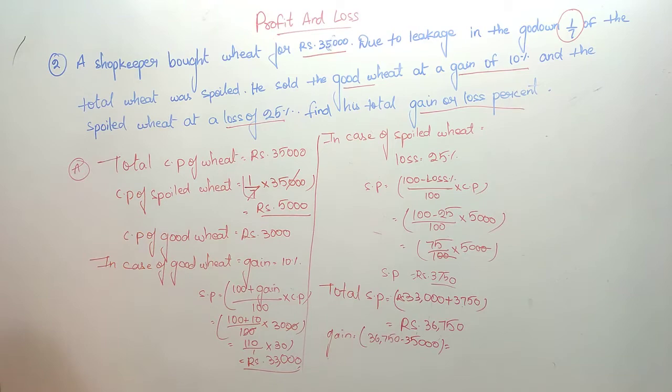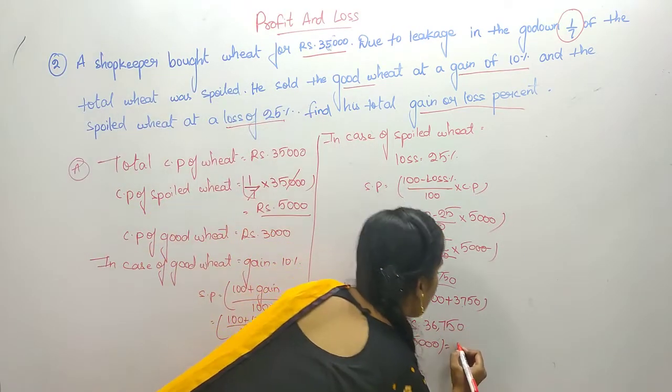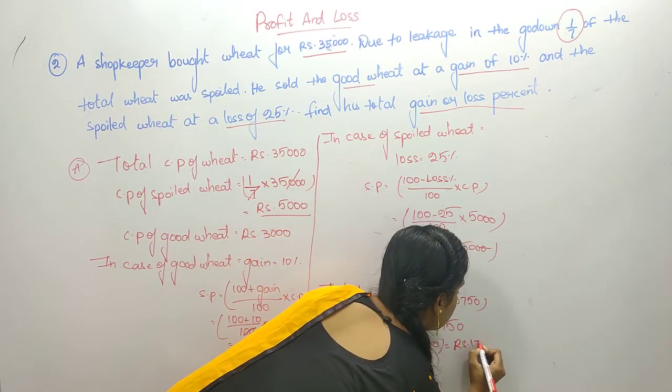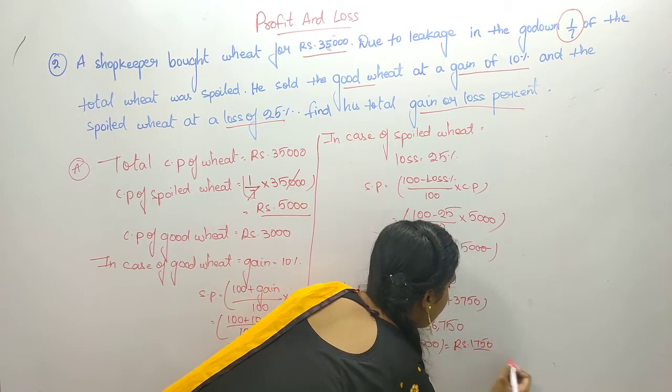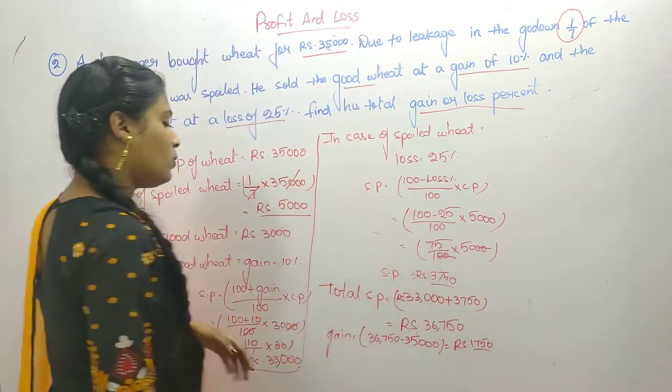By subtracting these both, the answer is Rupees 1,750. Now we have found the gain.